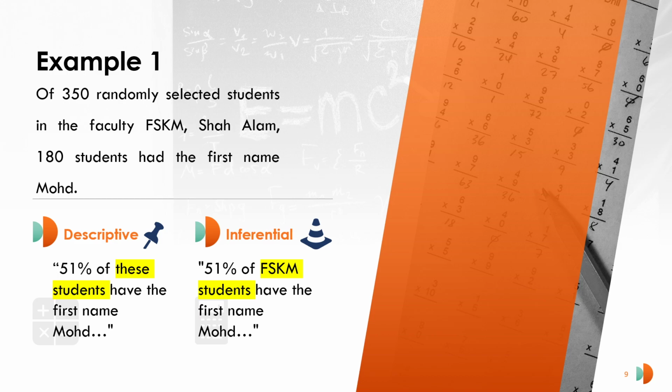Now, based on our sample of 350, we say that more than 50% of FSKM students, the population here, have the first name Muhammad. So we infer the population based on our sample. That's how you distinguish between descriptive and inferential.